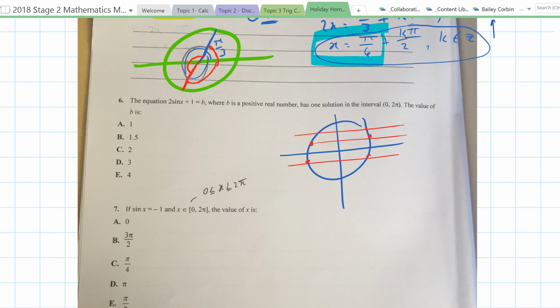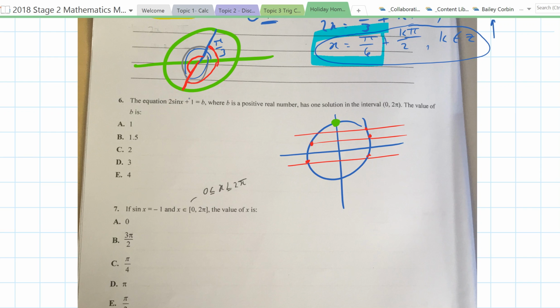So there's only one solution occurs at 2 points, here and here. Furthermore, you're told it's a positive real number, so it must be this solution here. So for this to occur once only, that must be 1. Alright, so where b is a positive real number, well, b must be 1.